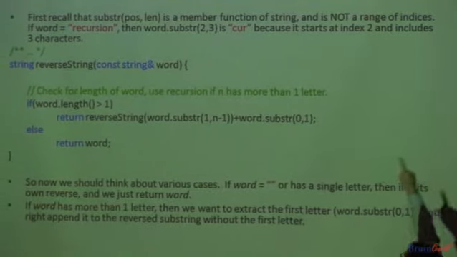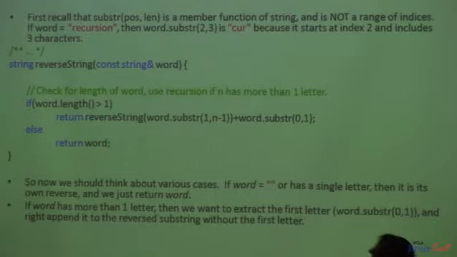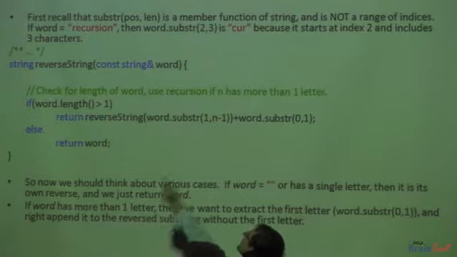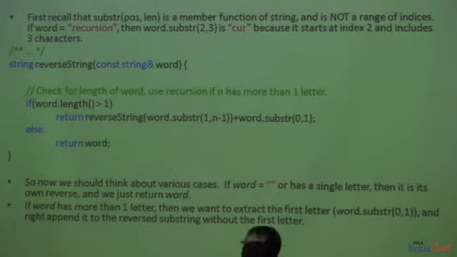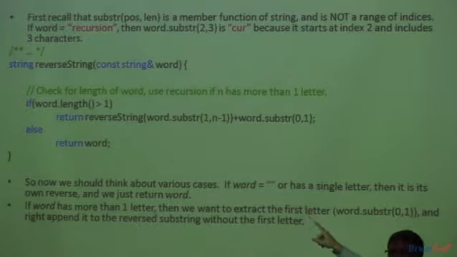So for example, if recursion is the word, then word.substr of 2, 3 is cur, because R has index 0, E has index 1, C has index 2, and we're going to take exactly 3 characters, C, U, then R. So word.substr would return a new string with the characters C, U, R.